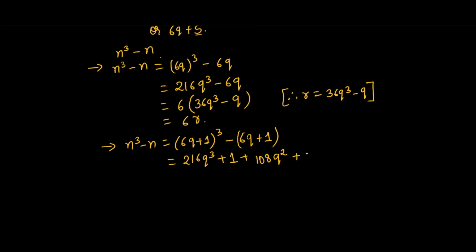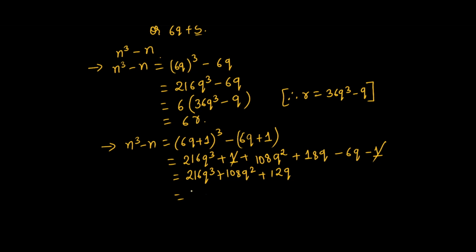plus 3ab square. So 3a is 6 3s are 18. 18 into 1 is 18. So 18q minus 6q minus 1. So 1 and 1 is cancelled. So we will get 216 q cube plus 108 q square plus 12q.